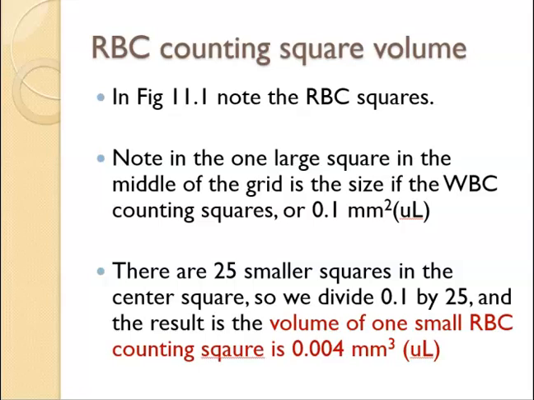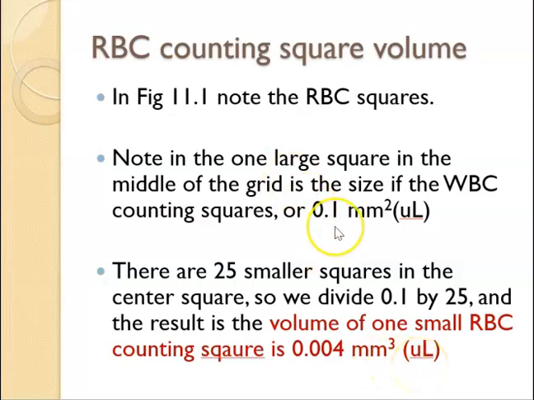There are 25 smaller squares in the center square, and we divide that 0.1 by 25, and the result of the volume of the small square is 0.004 millimeters cubed or microliters.